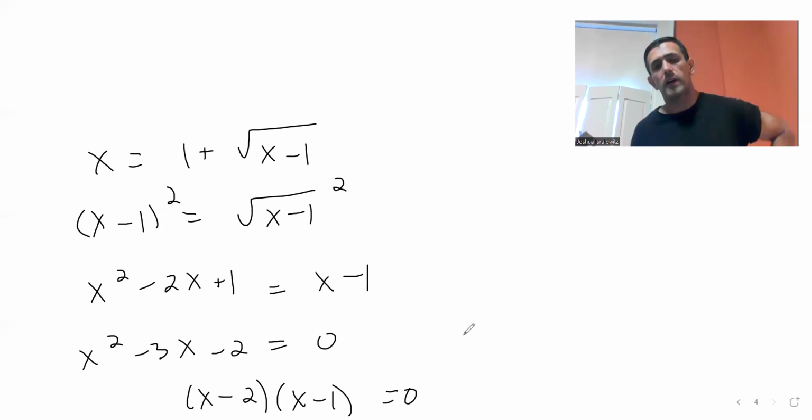Now, if I had in-person class, I would ask, well, x can only be 1 or 2. Which one is it? We know which one it is. Why? So xn is bigger than 2 for all n.